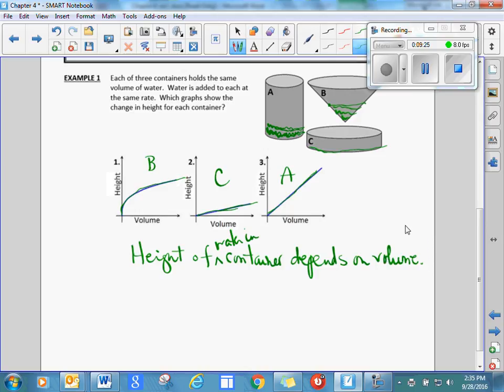And if we want to replace the words depends on with our new function term, we could say the height is a function of the volume.